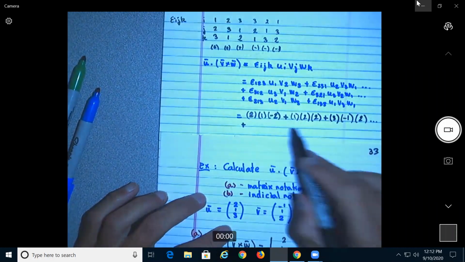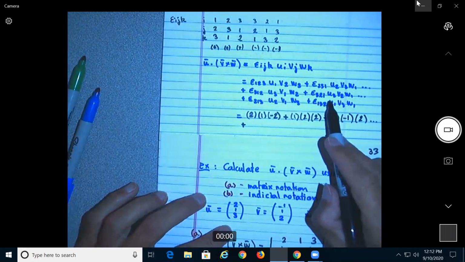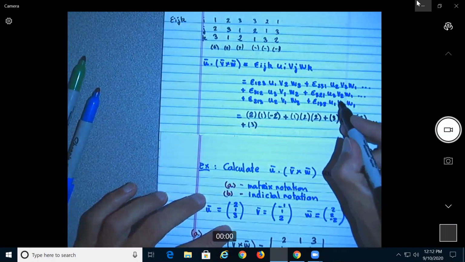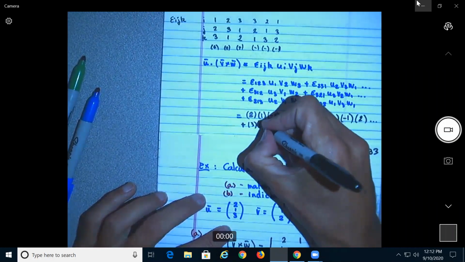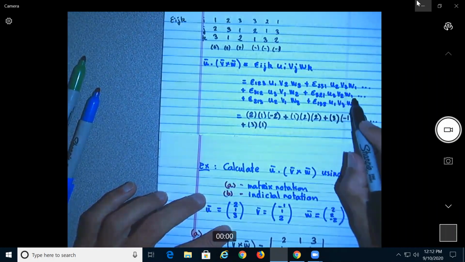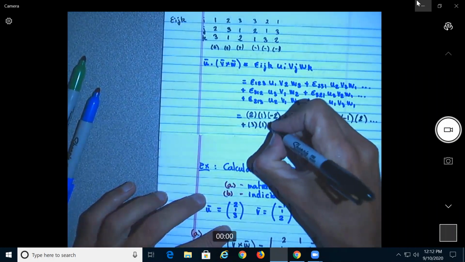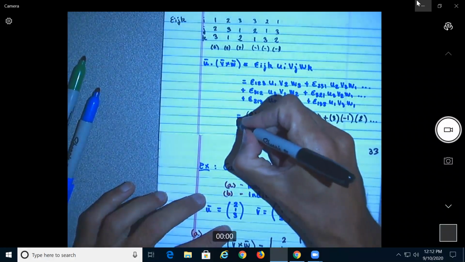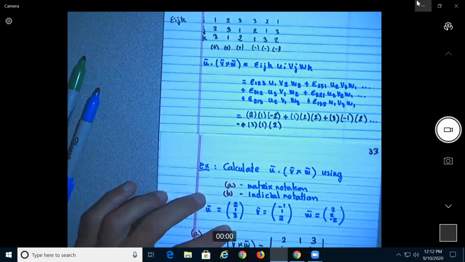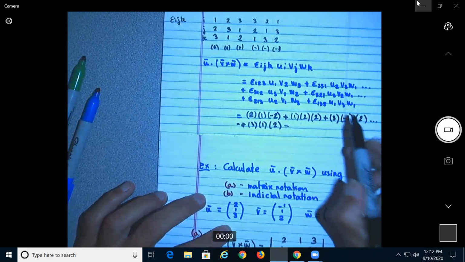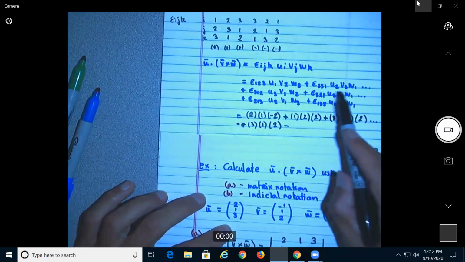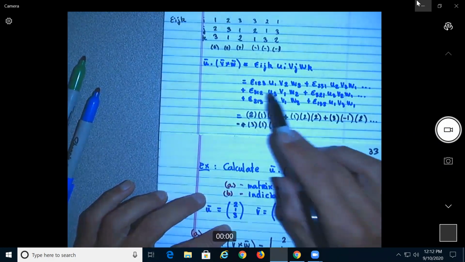Plus, we go 1, 2, 3, 4. So we go u3, 3, v2, 1, w1, 2. Yeah, this should be negative. So 1, 2, 3, the next loop should be negative. Correct. Thank you. Negative, negative. So 1, 2, 3, 4. Okay.